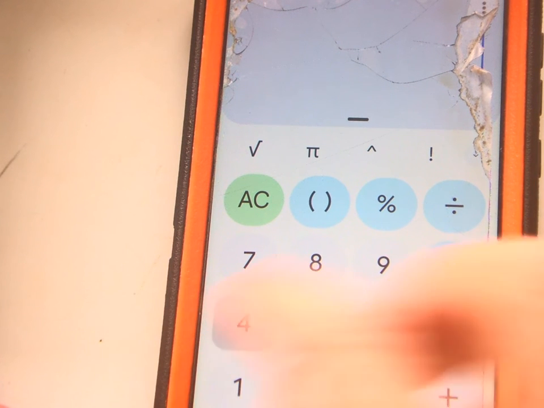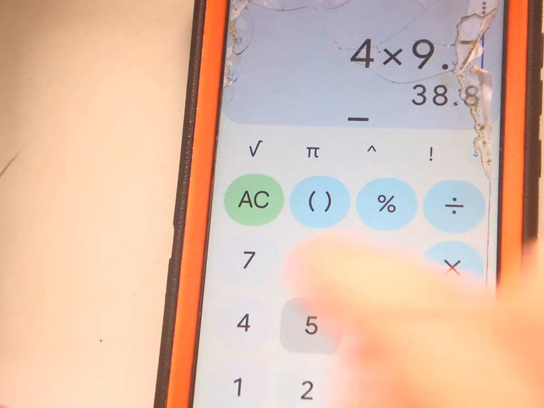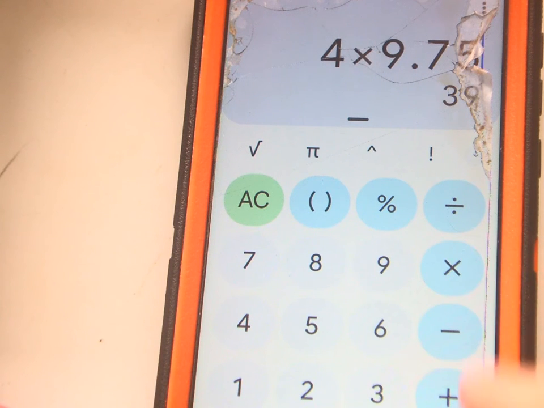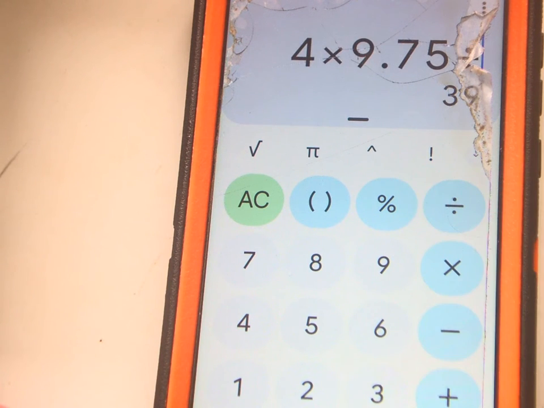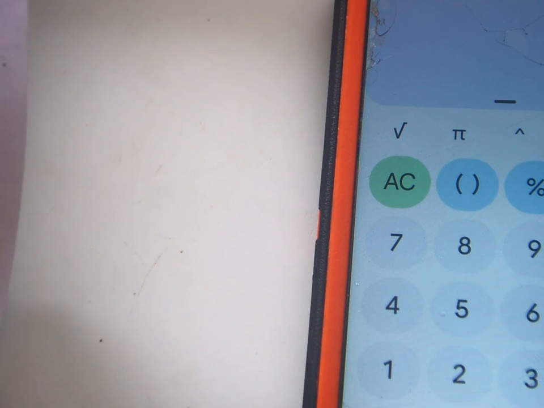Yes. 4 times 9.75 divided by 6.5 equals. Oh, it says it here. Exactly 6. So the answer would be 6 feet.